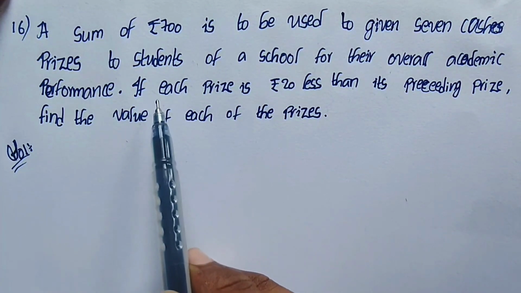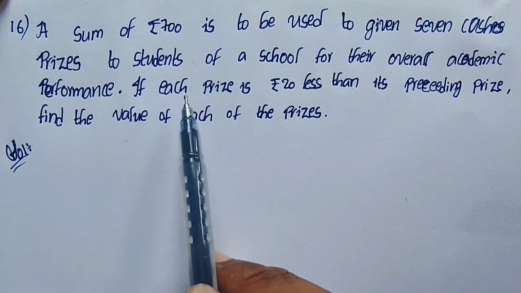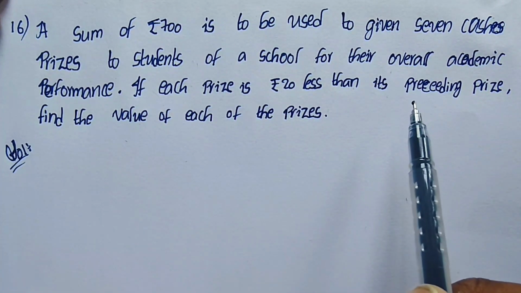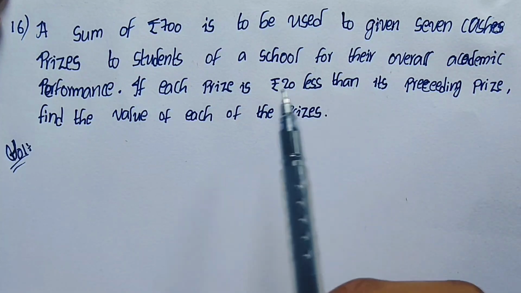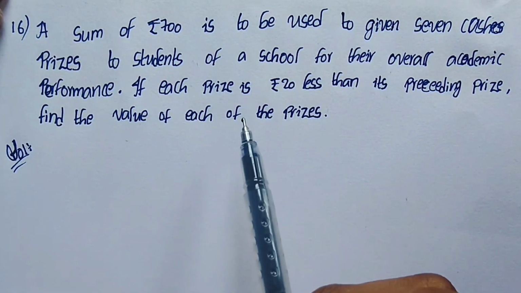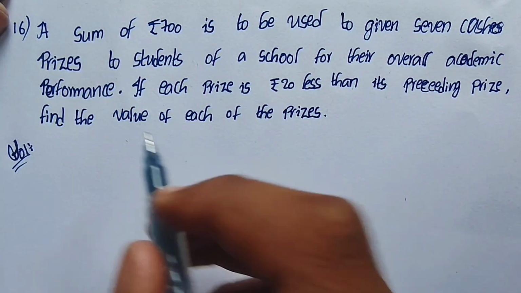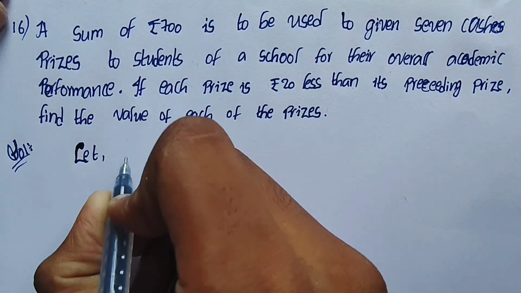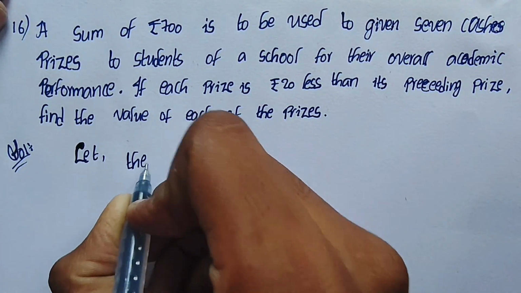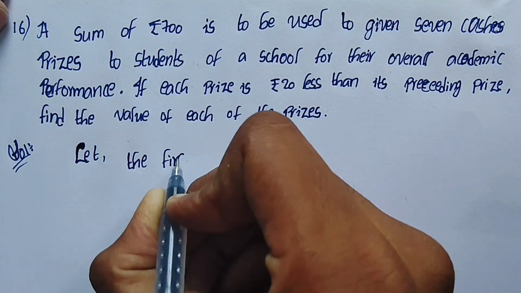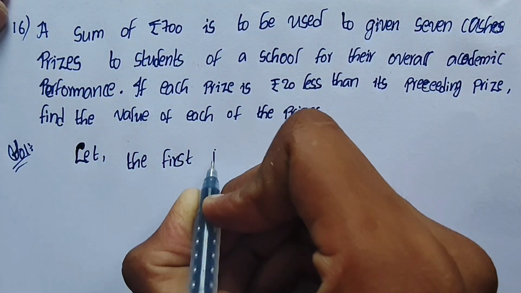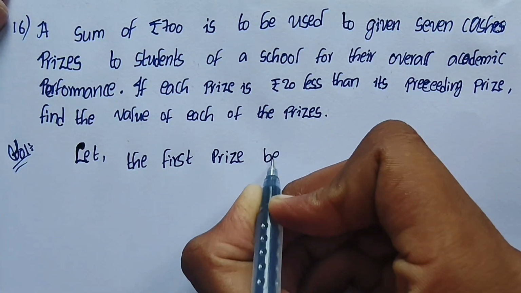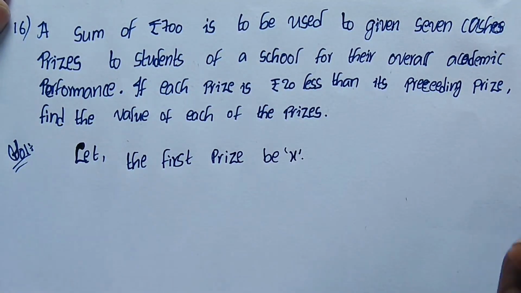What he said in the question is that the second term is 20 rupees less than the first term. So I am taking the first prize to be x.